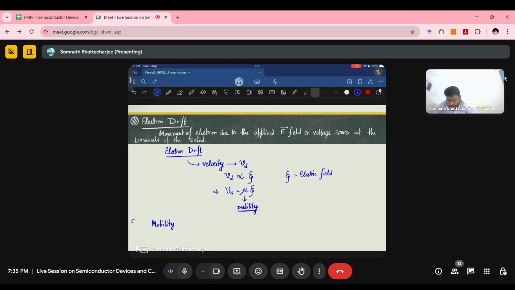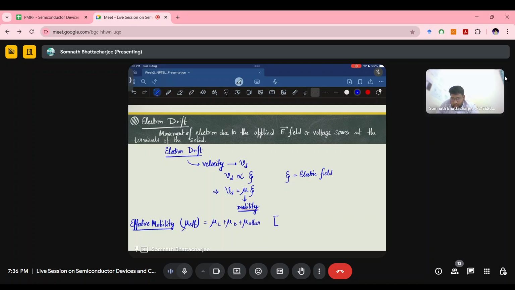This can be written as effective mobility, or mu effective. We can calculate this factor from different phenomena. Based on that we can write it as mobility through the lattice structure, mobility through the defects, and mobility from other parameters.